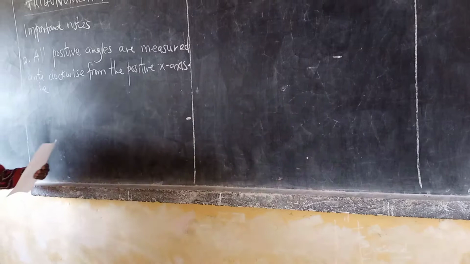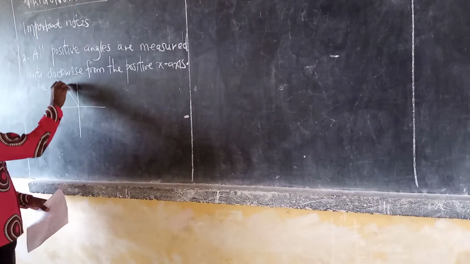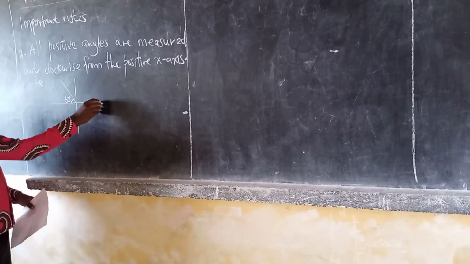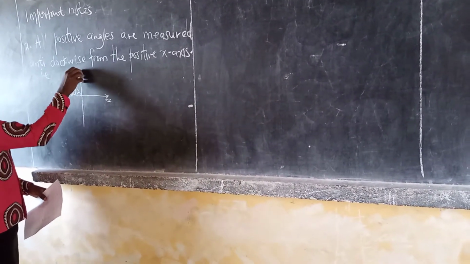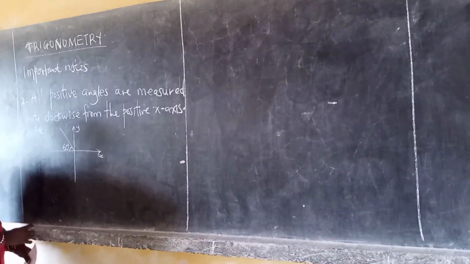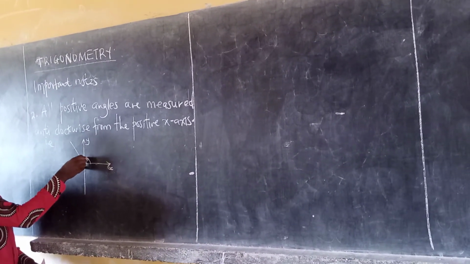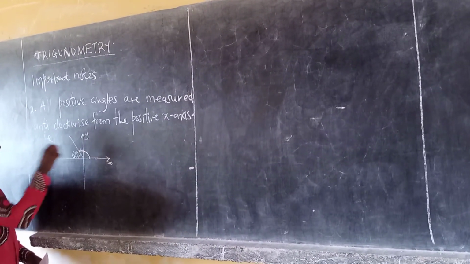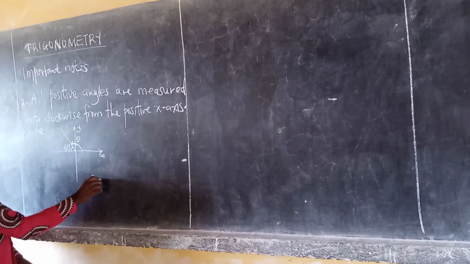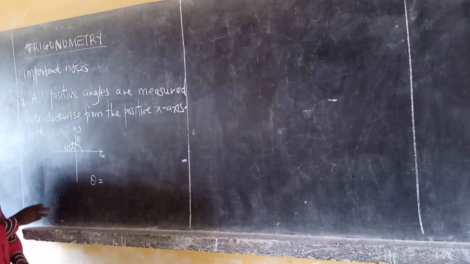Given this angle, where this is our x-axis and this is y, this is the positive x-axis that we are referring to. So this angle is equivalent to when we measure from this point up to that point. If we call this angle theta, then from here to here is 90 degrees.